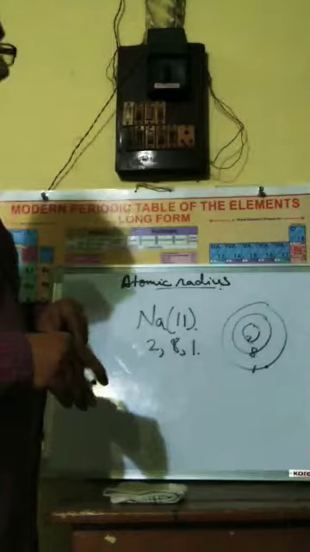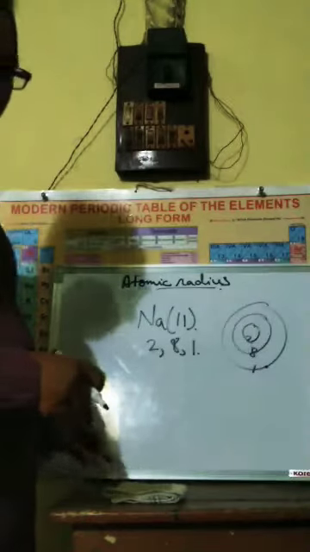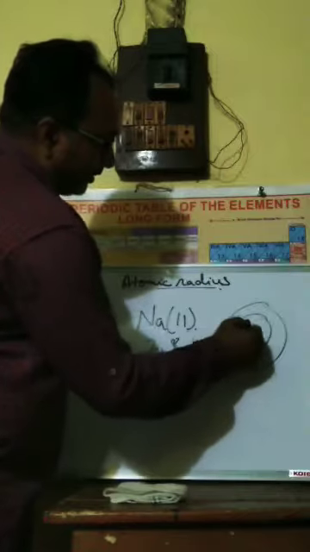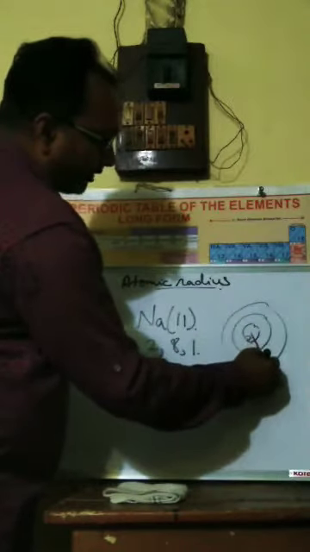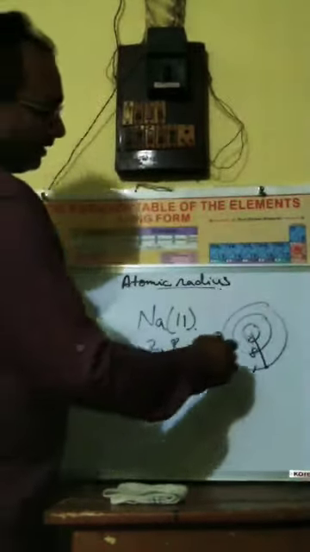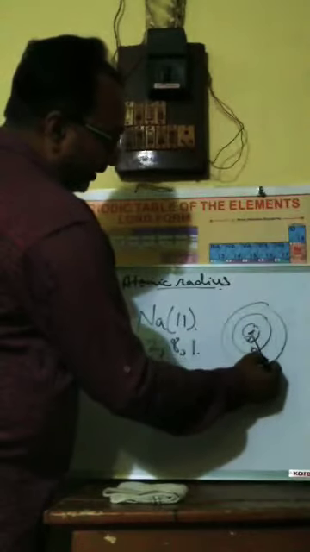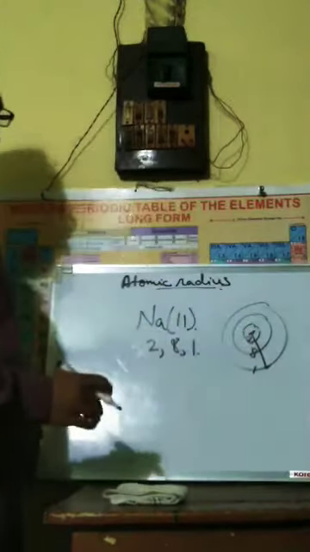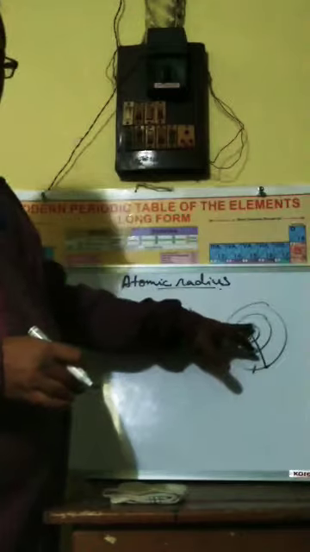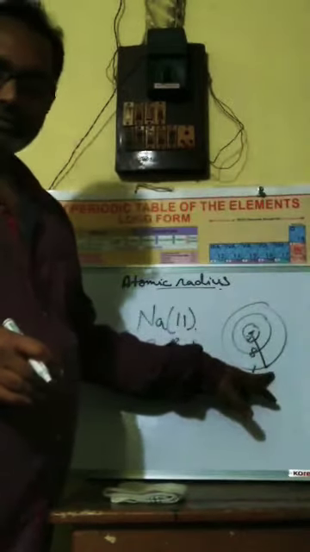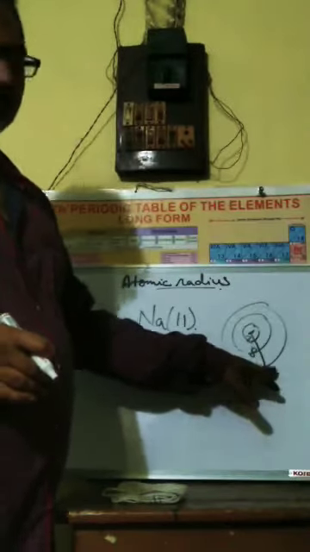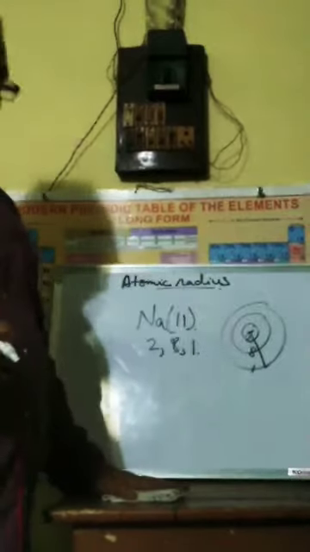Atomic radius is the distance from the center of the nucleus to the outermost shell, that is, to the outermost electron. This is the atomic radius.